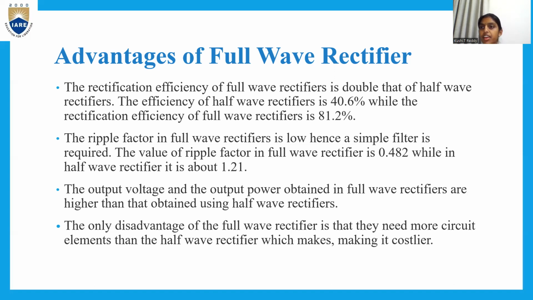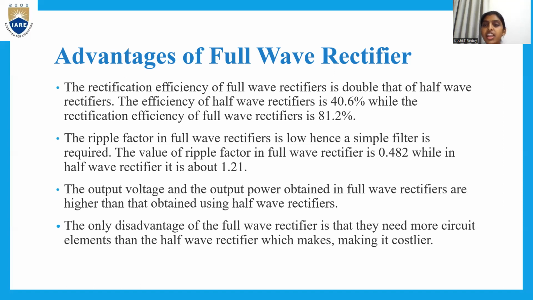In center tapped full wave rectifier, you're going to use a step down center tap transformer with 2 diodes. And in the full wave bridge rectifier, you're going to use 4 diodes and a step down transformer. In the bridge full wave rectifier, there is no need of a center tapped transformer. So that is one of the main advantages. And bridge rectifier is more efficient when compared to center tapped full wave rectifier.